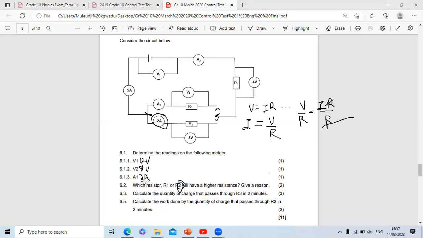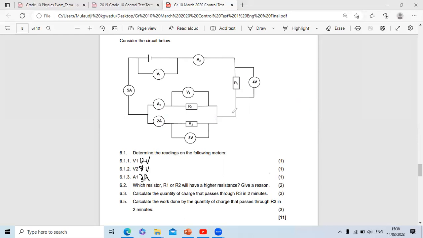And now we're going to go to the third one. They say calculate the quantity of charge that passes through R3 in 2 minutes. This is an equation that I don't think I introduced you to, but maybe they did introduce it in class. It's the equation for current.